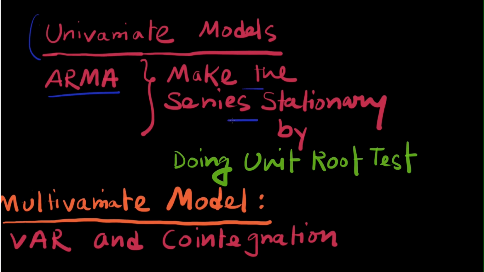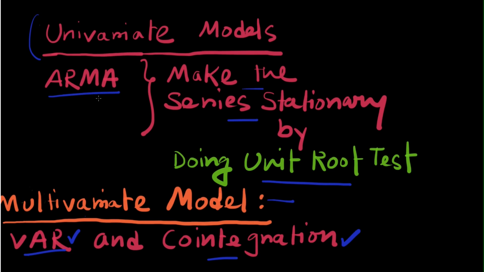Make the series stationary first, as I told you, by doing a unit root test. In the case of a multivariate model we can use VAR, vector autoregressive model, and also the co-integration model. So for the multivariate case we can use VAR and co-integration. For the univariate case we use moving average, autoregressive moving average, or the ARIMA model.